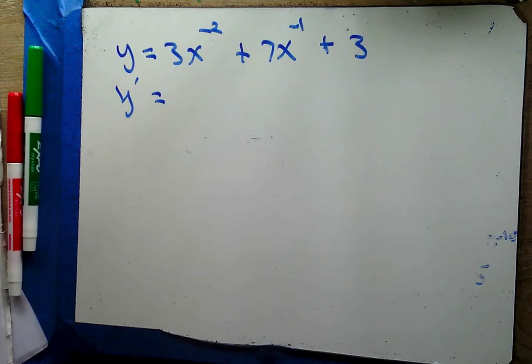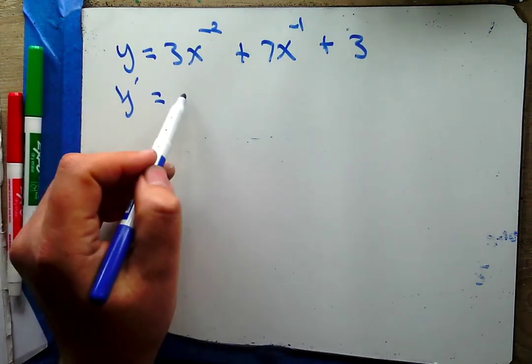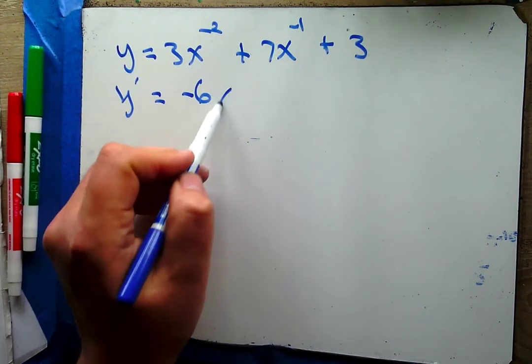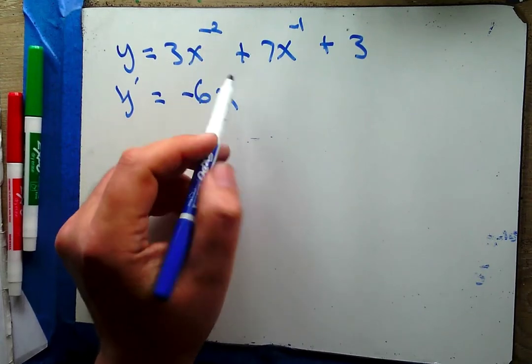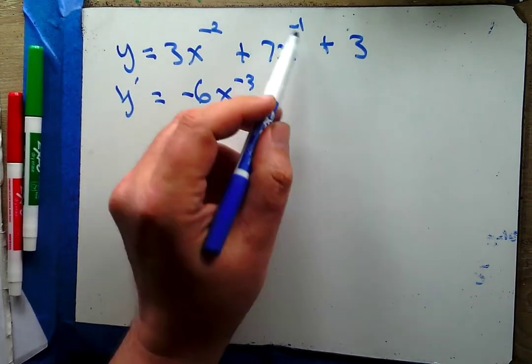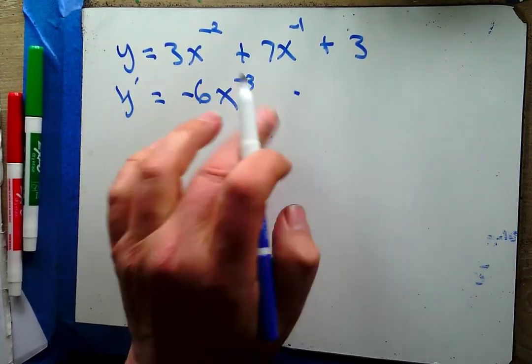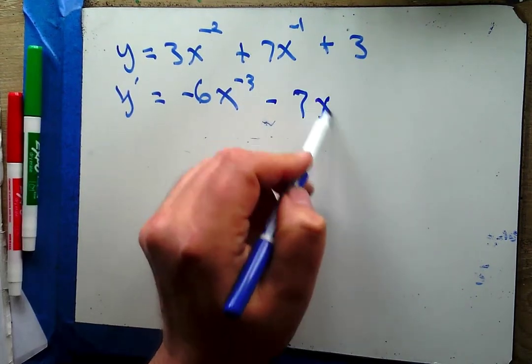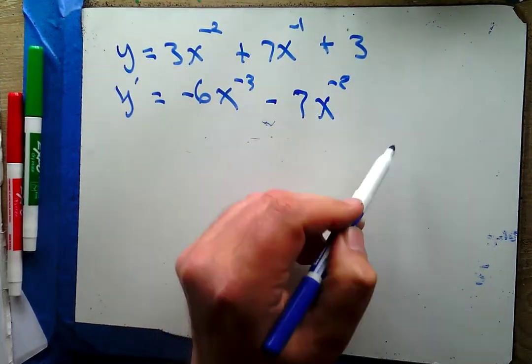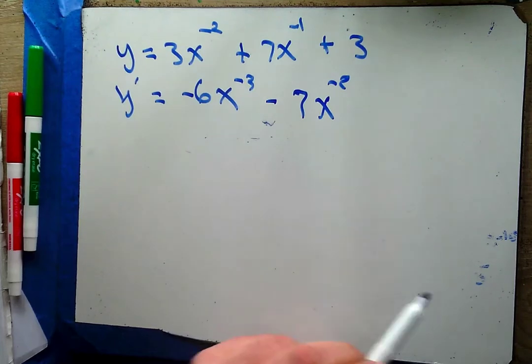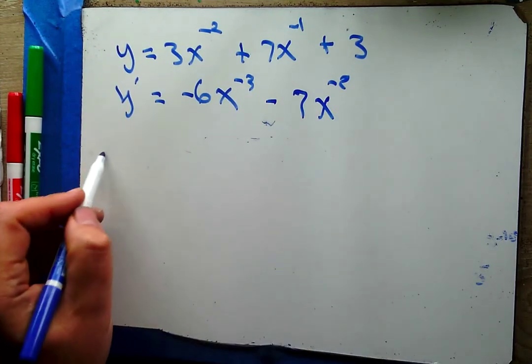So use that power rule. Negative 6x to the minus 3, plus, use that power rule, negative 7x to the minus 2, and the derivative of this is 0.